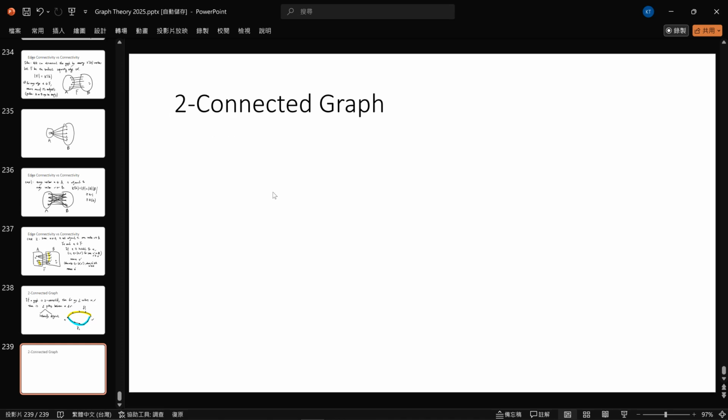Okay, so the proof is quite clever. It is based on induction, and by induction on the distance between U and V. By distance, I mean the shortest distance, where we measure distance by the number of edges.